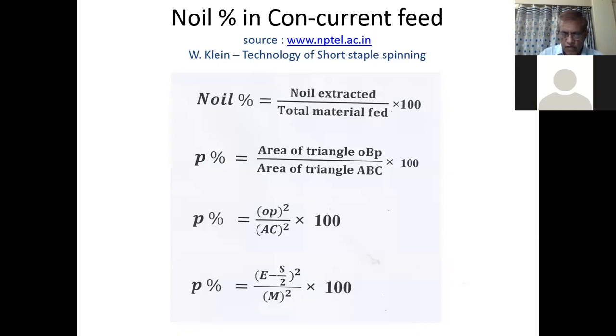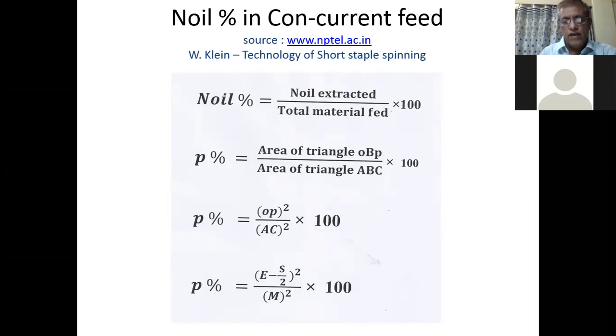Noil extracted is equivalent to the area of triangle OBP, and total material fed is the area of triangle ABC, into 100. As these are two similar triangles, their areas are proportional to the square of the height. So the noil percentage is equal to ((E minus S) by 2) square divided by M square into 100.